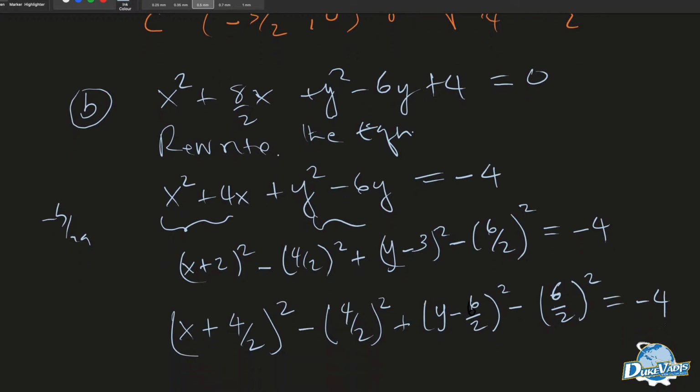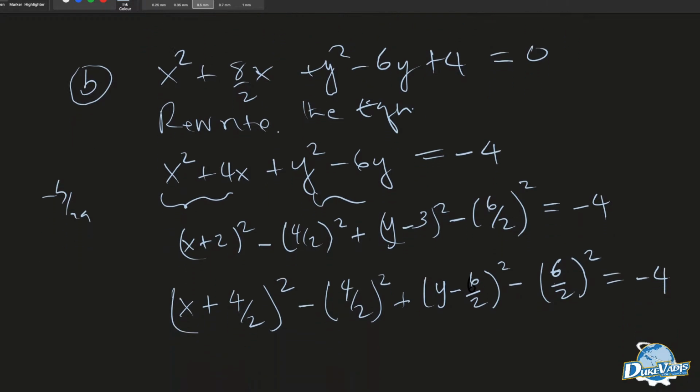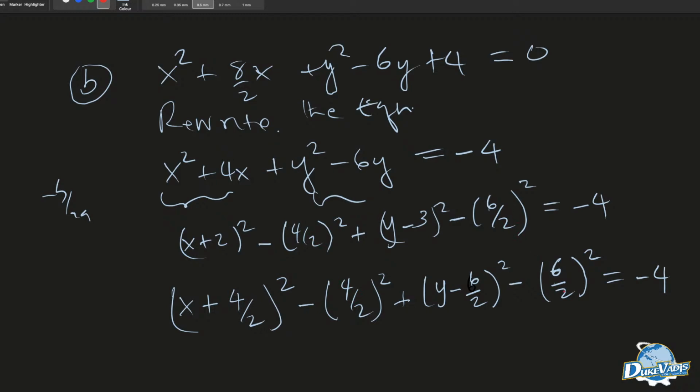Does it make sense? Then the reason why I got to where I am here, let me use a different color so she will understand it. See this here, 4 over 2 is what I have over here. So let me break it down.